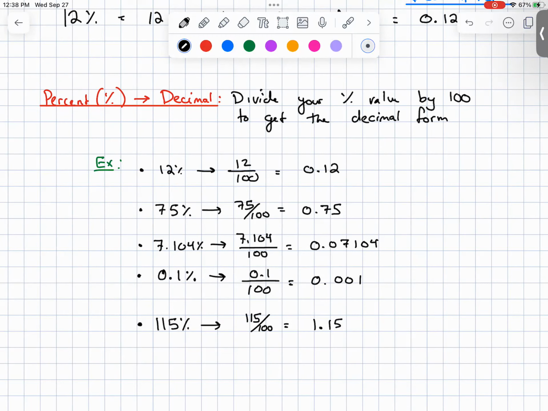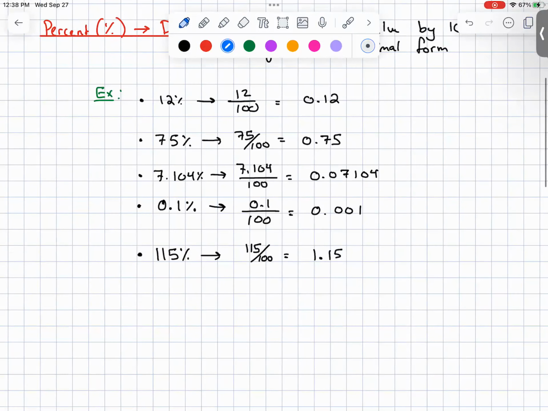Now, if you were to do the other way, if you want to go from decimal to percent, I mean, these are two sides of the same coin. So if we're going to talk about doing the opposite, all we're going to do is the opposite operation.